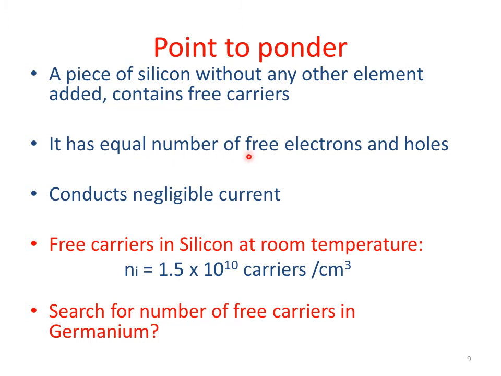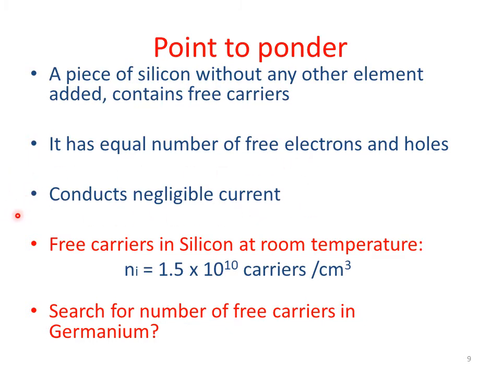It means it has an equal number of electrons and holes, because whatever number of electrons are jumping to the conduction band, the exact number of holes are getting produced in the valence band. Since the numbers of free electrons and holes are equal, they roughly cancel each other and conduct negligible current.